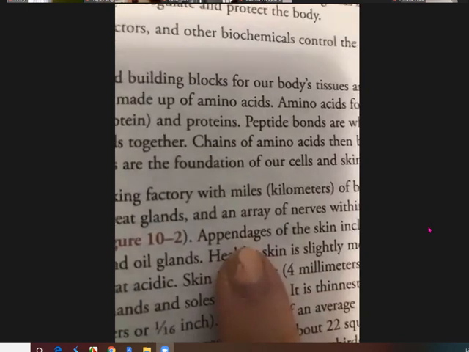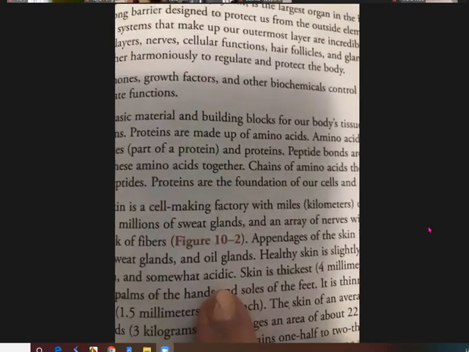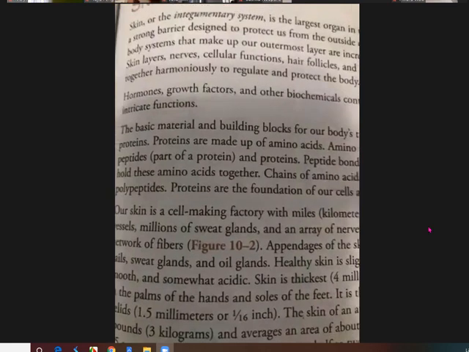So remember this, okay? Healthy skin is slightly moist, soft, smooth, and somewhat acidic. Now, our skin pH is acidic. So please remember that.